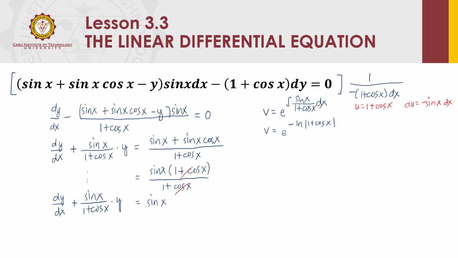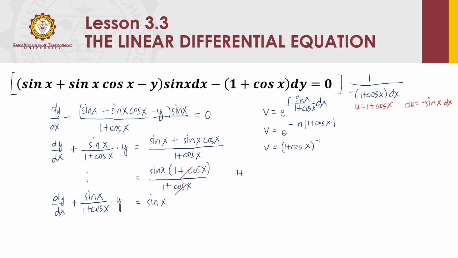So this is e to the ln of 1 plus cosine x raised to the power of negative 1, using one of the properties of logarithm. That means it's 1 plus cosine of x raised to the power of negative 1 for the integrating factor. We can write it as 1 over 1 plus cosine of x.